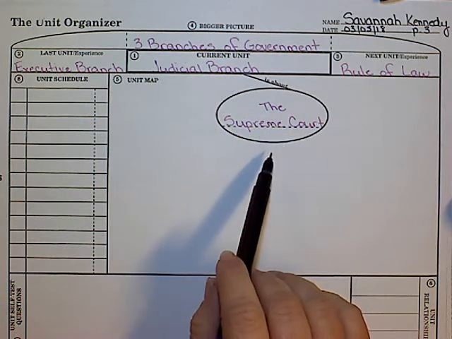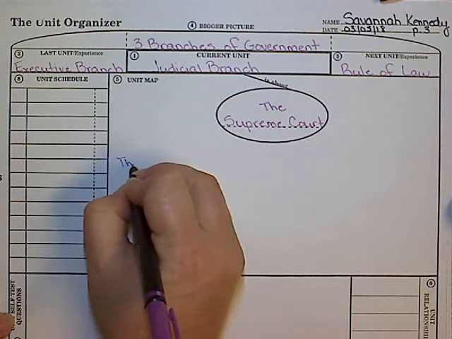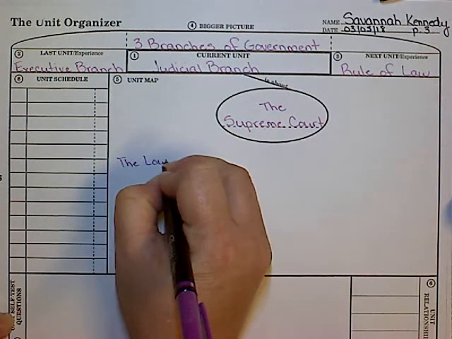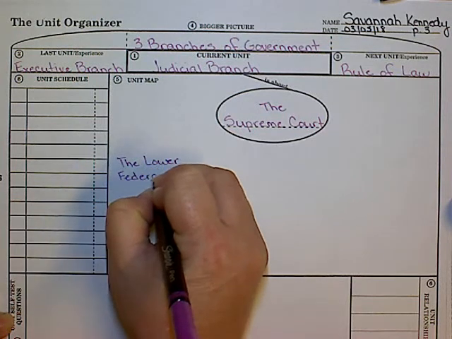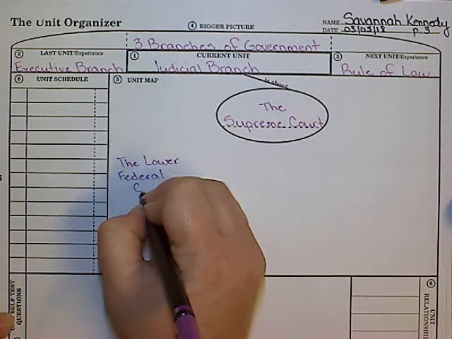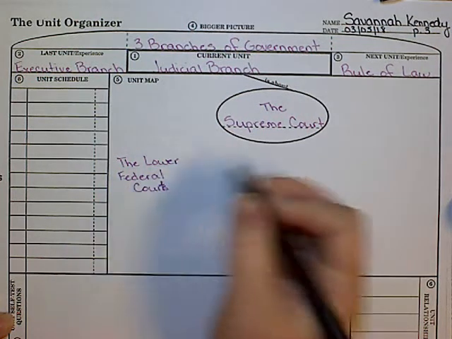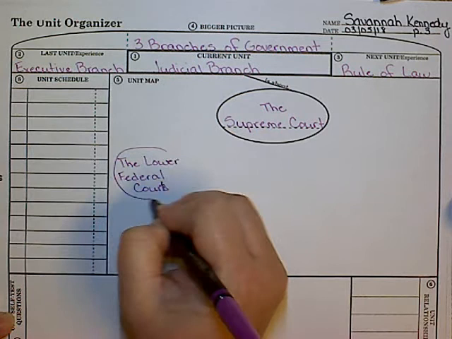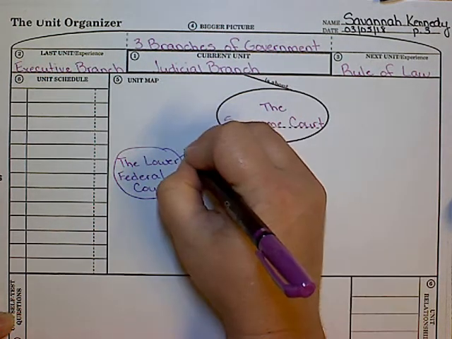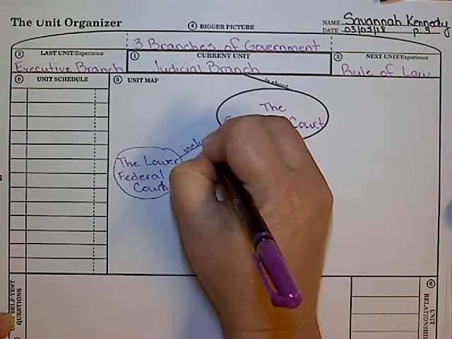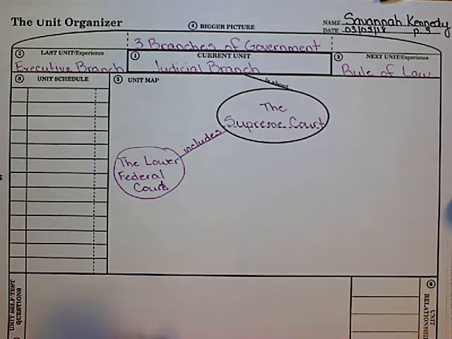Now when we go to study it, we're actually going to study the lower federal court, and you'll find out why and how that works with the Supreme Court. So I'm going to put a bubble around that because that's a unit of study, and I'm going to draw a line between them. Make sure that you put includes, because the Supreme Court, this is part of what's included in that.